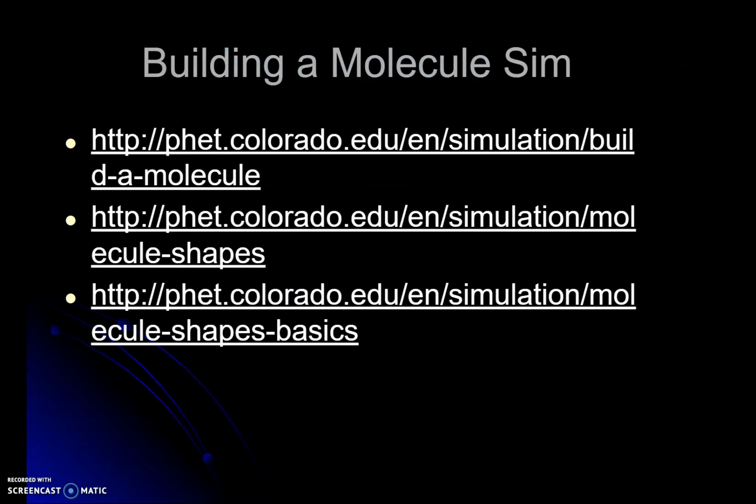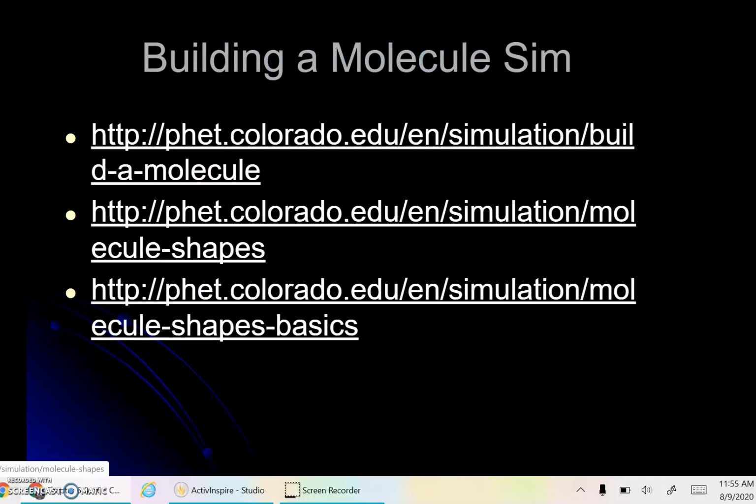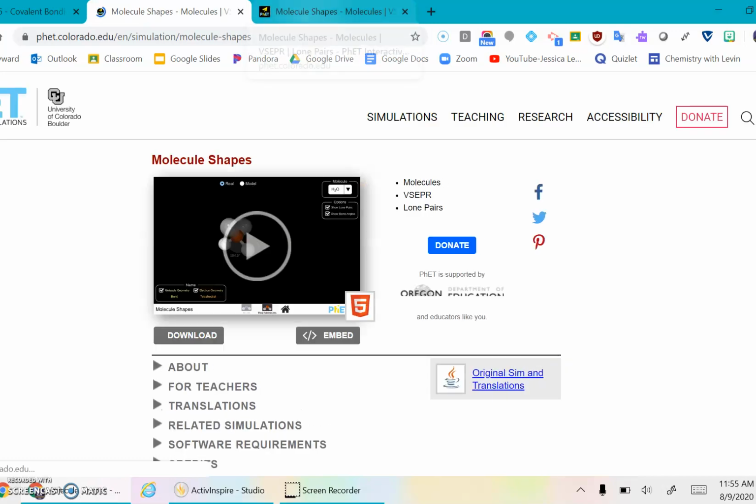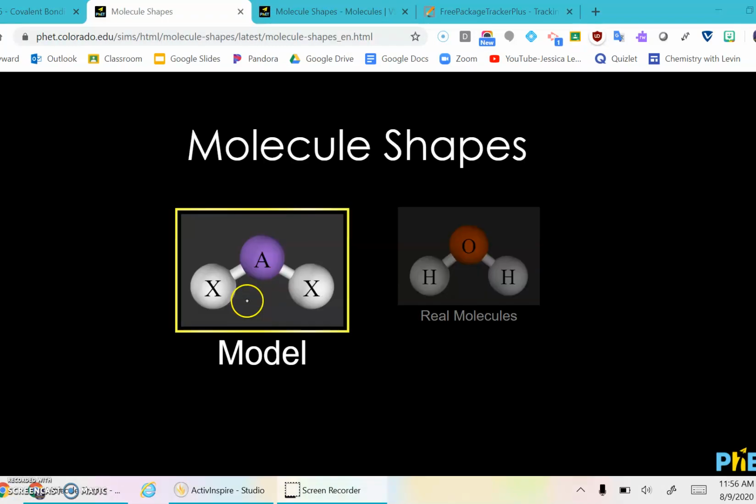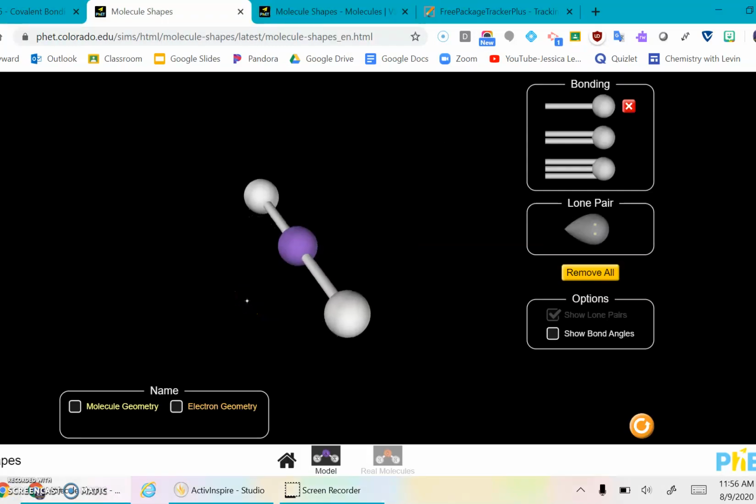So here we have these different PhET simulators. I'm going to show you the molecule shapes one and that'll clarify everything for you. When you're here, you're going to click on your molecular geometry and your electron geometry, and we're going to show our bond angles.